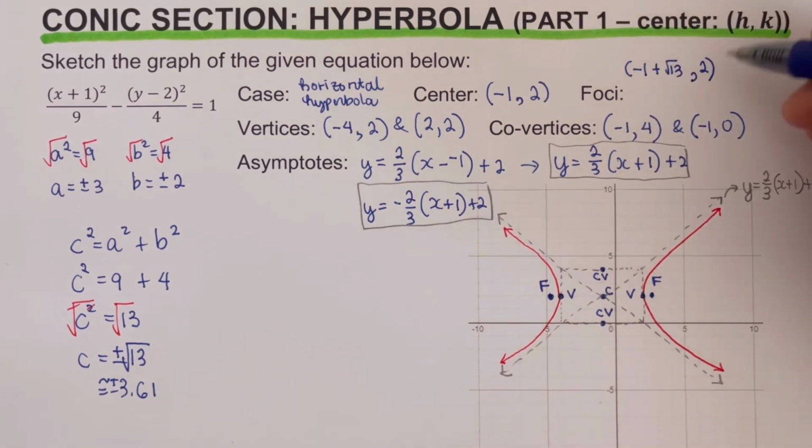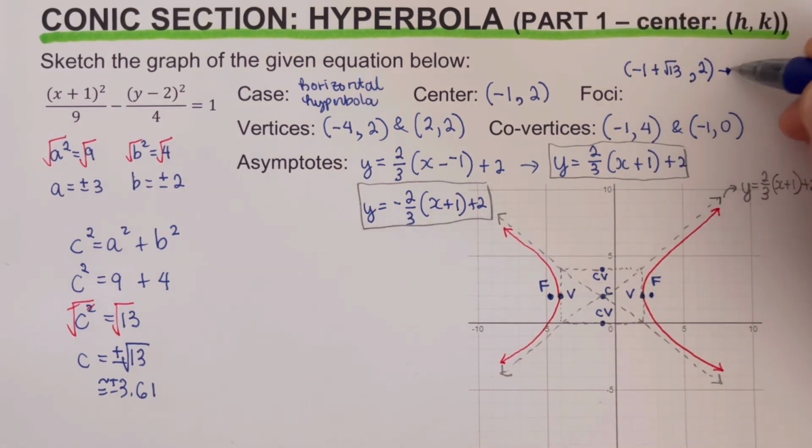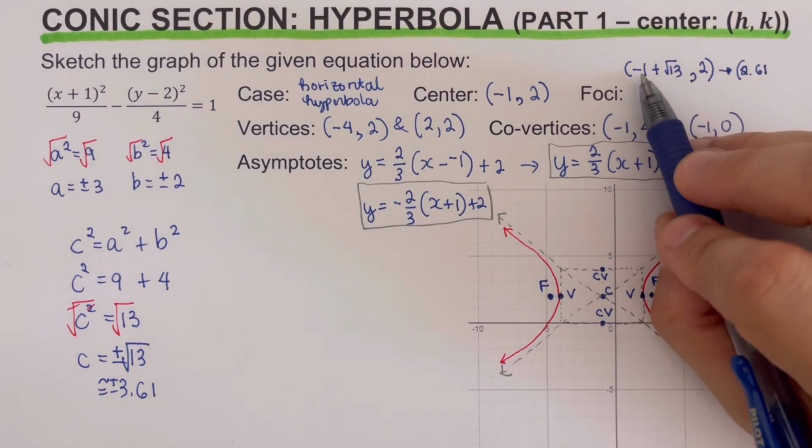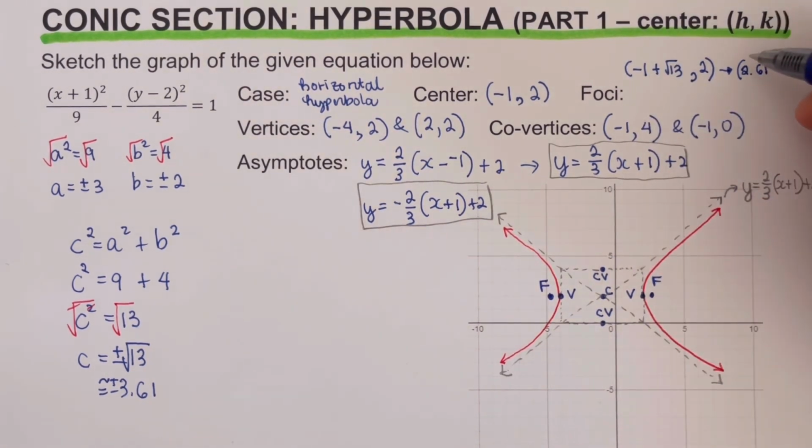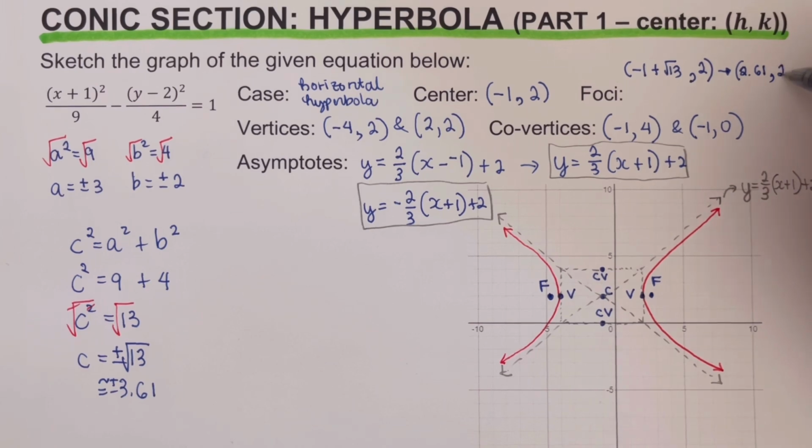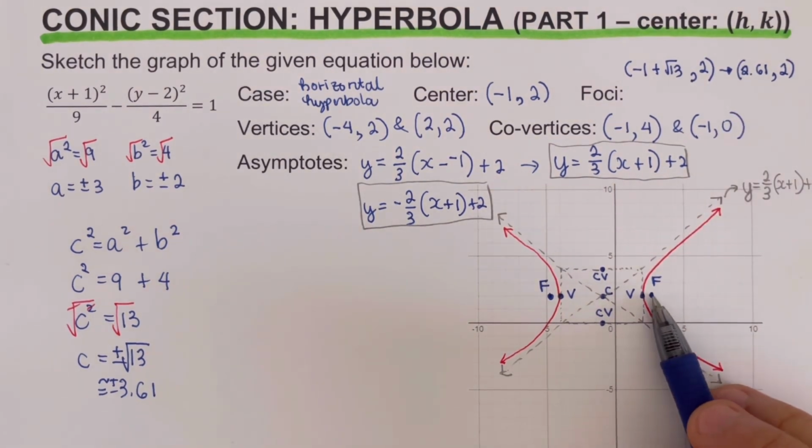And if we change this to decimal, this is equivalent to positive 2.61. That's the x. So if we do the math on this, that's (2.61, 2). That's actually this focus that we have right here.